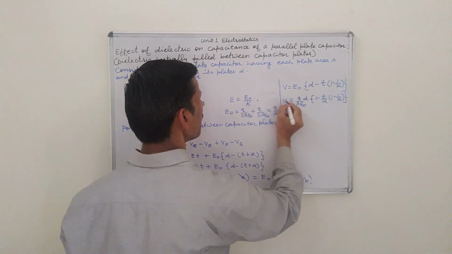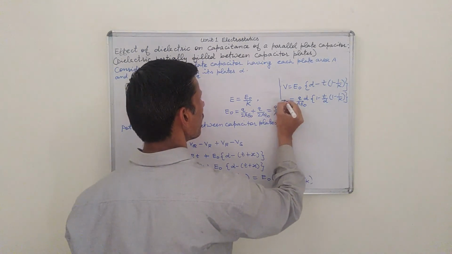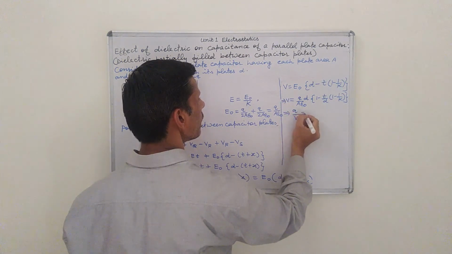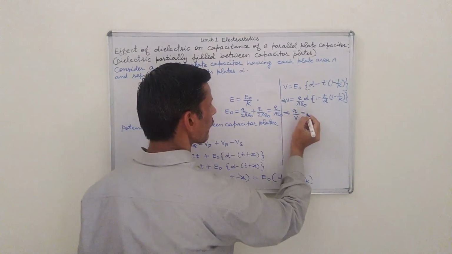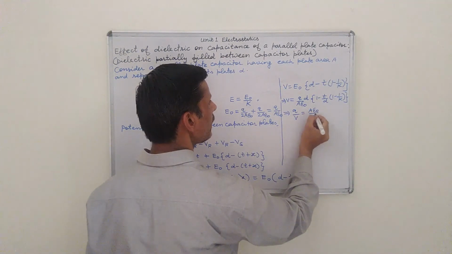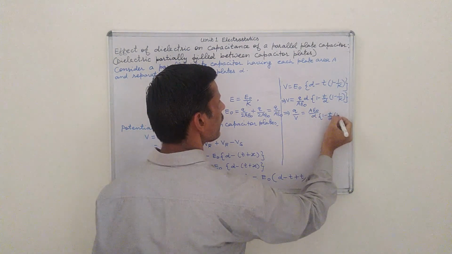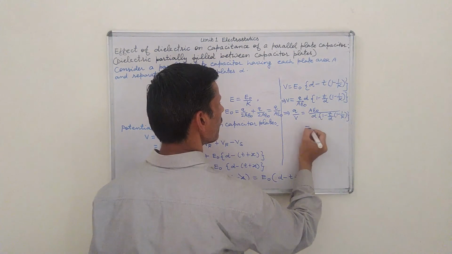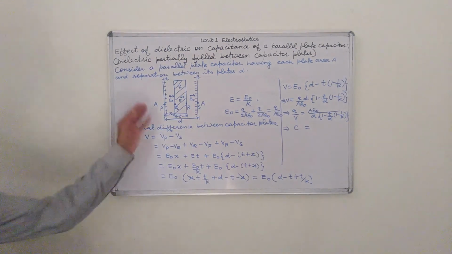From here, Q upon V is equal to A epsilon naught upon D, in the denominator 1 minus T upon D, 1 minus 1 upon K. And you know Q upon V is the capacitance of the capacitor.